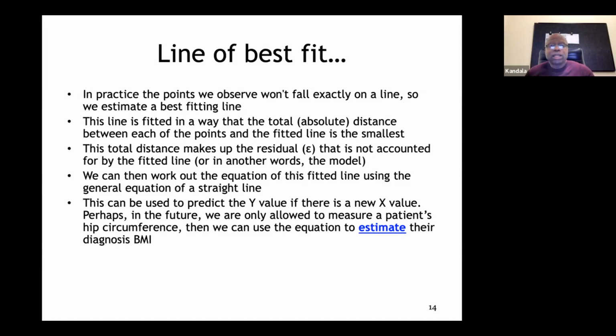With the best fit line, we use it to predict the future value of y if we have a new value of x.